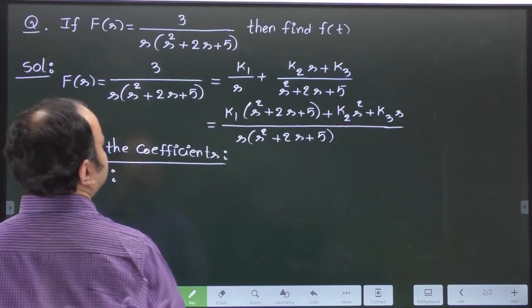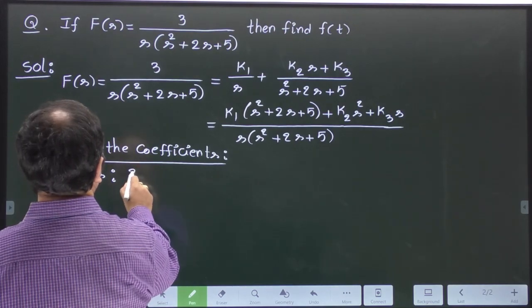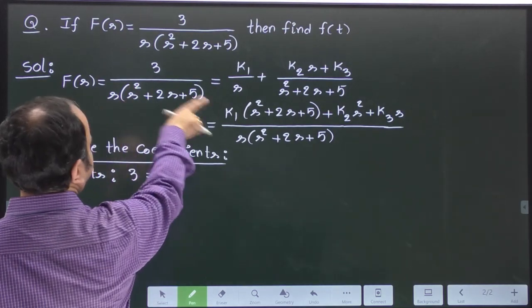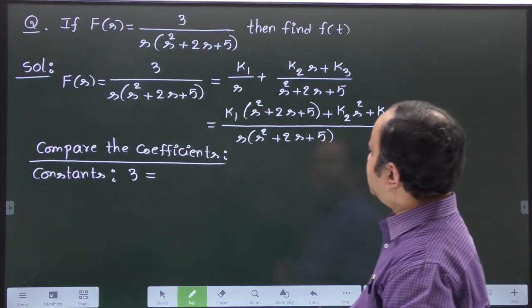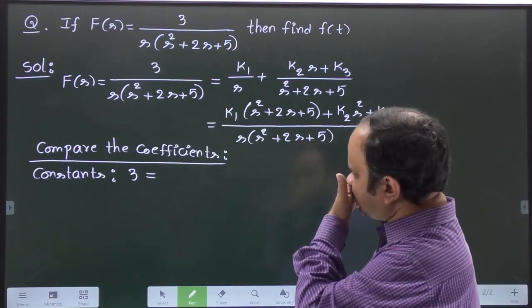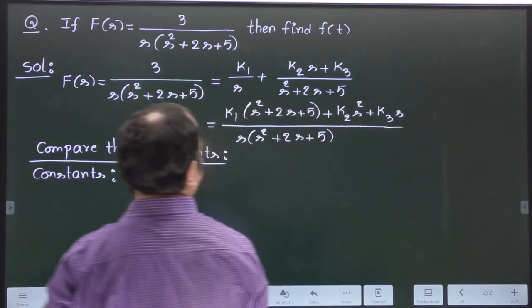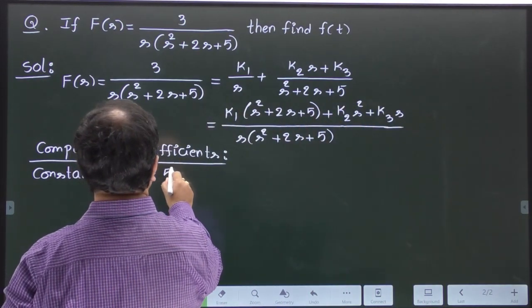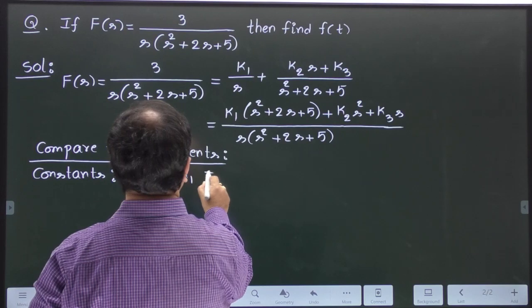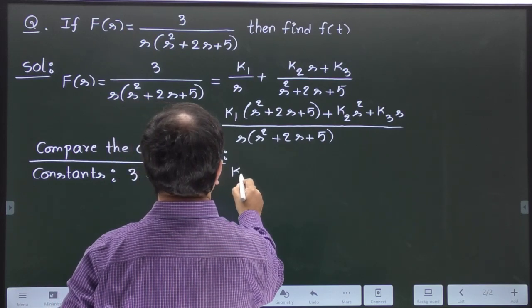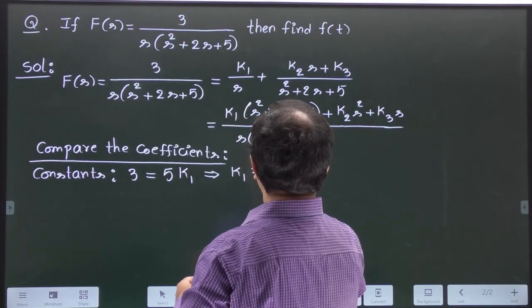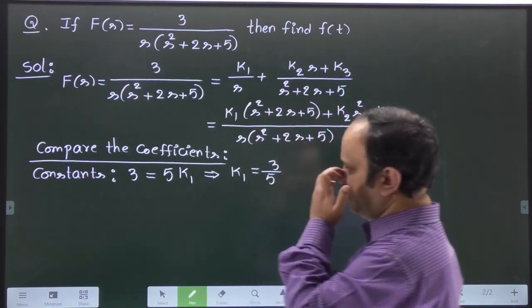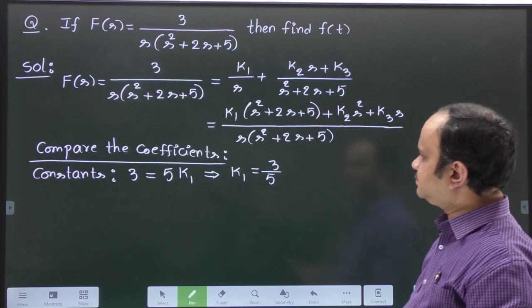What is the constant on the left hand side? That is 3. The numerators, denominators are the same, so you just focus on the numerator part. The left hand side constant is 3, the right hand side is 5 into k1. Therefore k1 is equal to 3 by 5. That is the first coefficient.